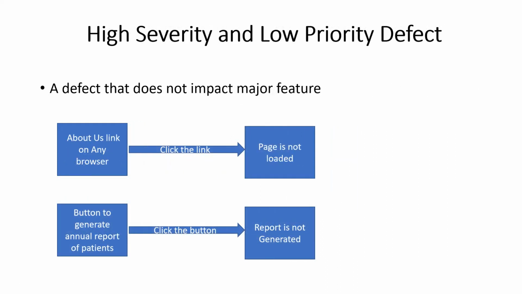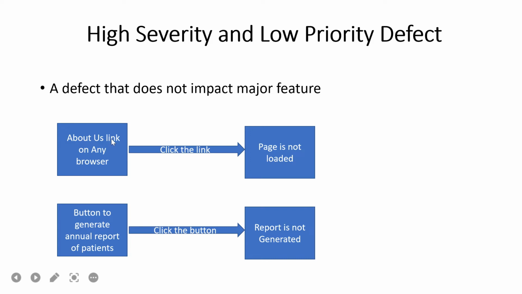So next one is high severity and low priority defect. A defect that does not impact any major feature. See, you have an about us link on any website, right? That about us link is a very rarely used feature by the customers. So when you click on it, the page is not loaded, or we get a server error when we click on the about us link.